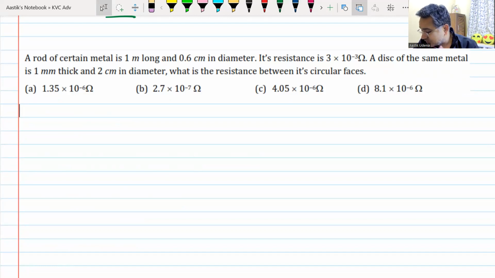This is the next question. A rod of certain metal is 1 meter long, and this is just to check your calculations because I've been insisting so much on calculations. A disc of the same metal is 1 mm thick and 2 centimeter in diameter. What is the resistance between the circular faces? 2 minutes you have.